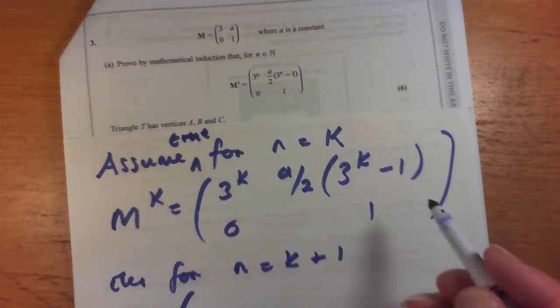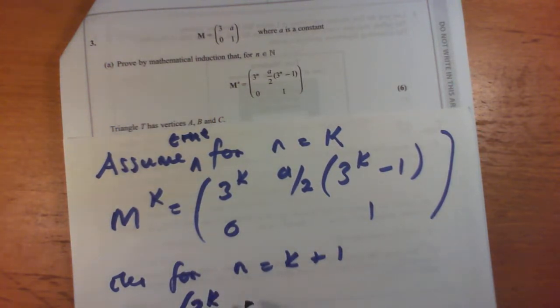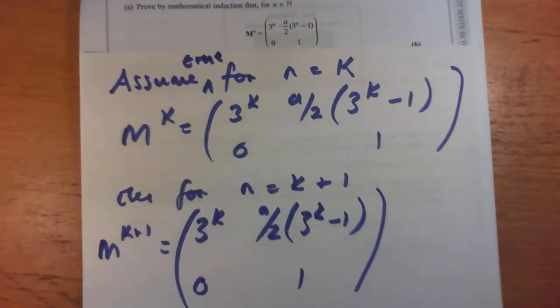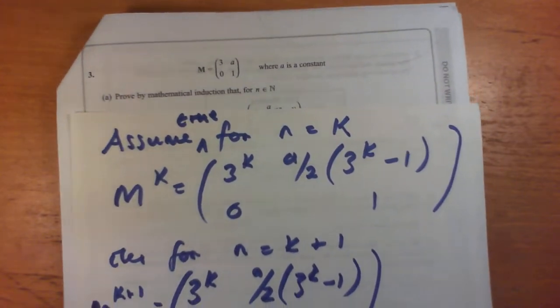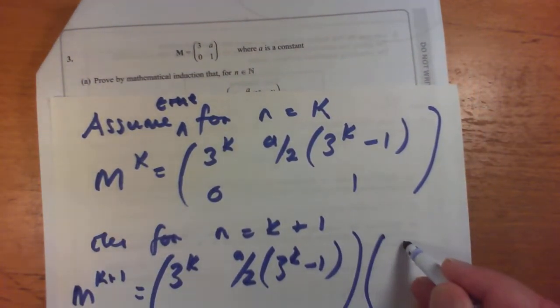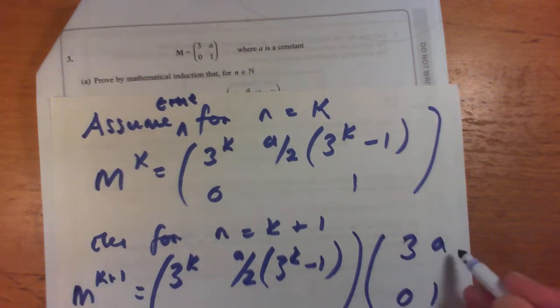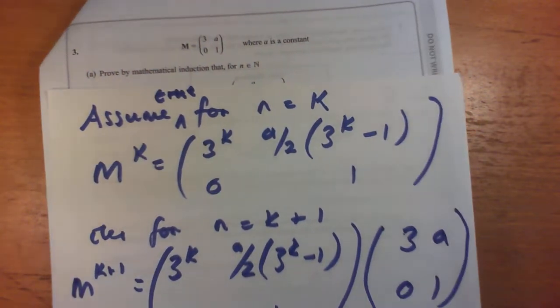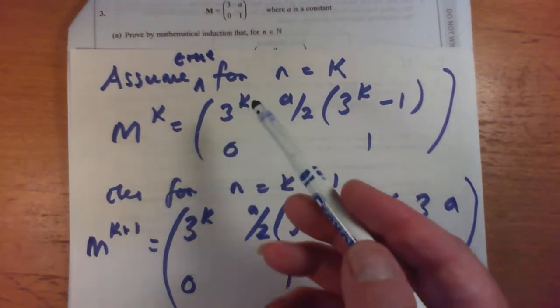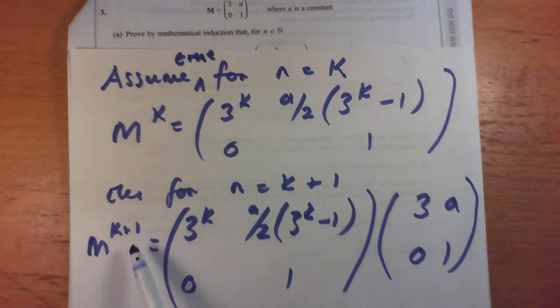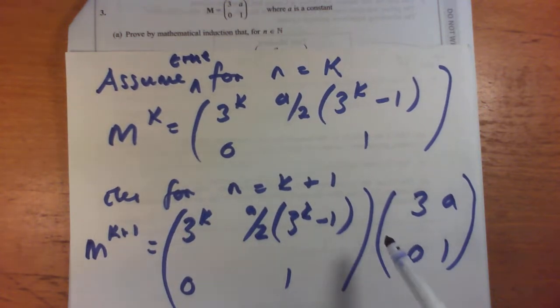You just stick down what you've got already, M^k, and then you multiply it by M, taking M to the power k and multiplying it through by another M to get M^(k+1).